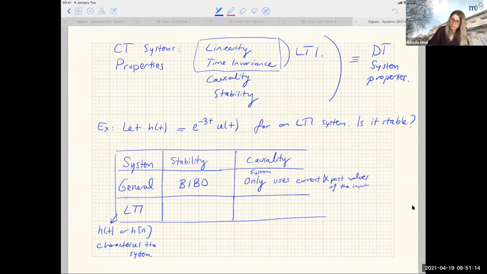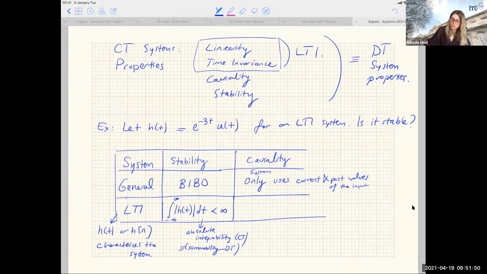For stability of LTI systems, we look at absolute summability of the impulse response. In the continuous case, is the integral of the absolute value of h of t dt finite or not? This is absolute integrability for continuous time, or equivalent summability for discrete time.